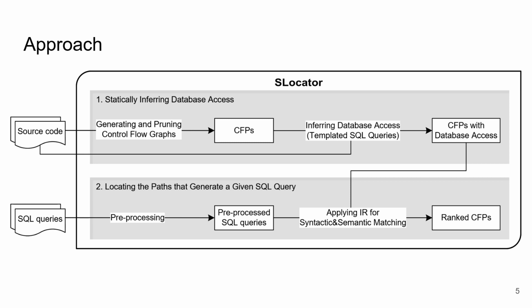For each ORM call in the path, it infers the database access, using template SQL queries to get the control flow paths with database access. Then, given the SQL queries, it preprocesses them. Finally, for the preprocessed SQL queries, it applies information retrieval technology to match the most possible control flow paths.